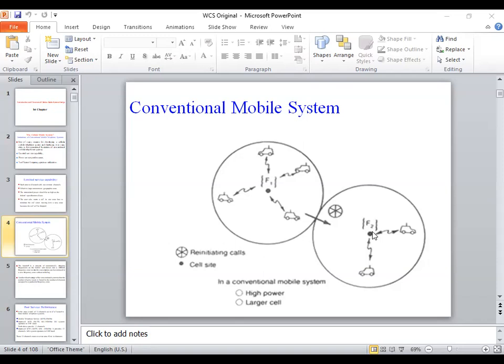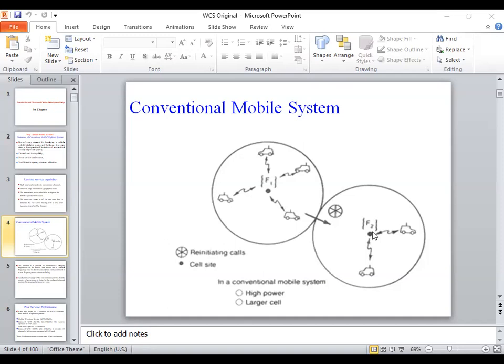Another disadvantage of the conventional system is that the number of active users is limited to the number of channels assigned to a particular frequency zone.